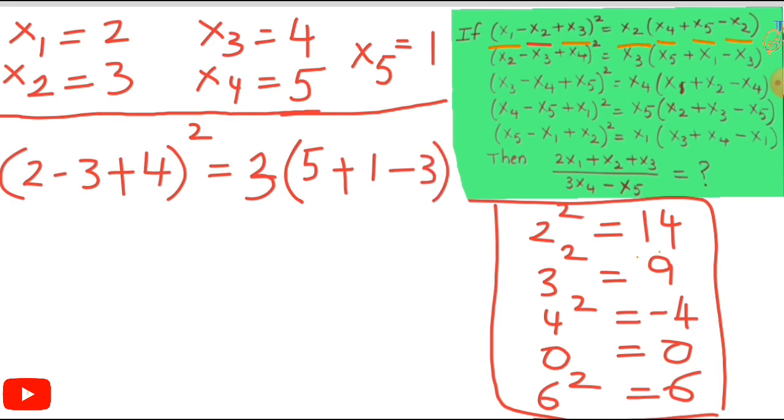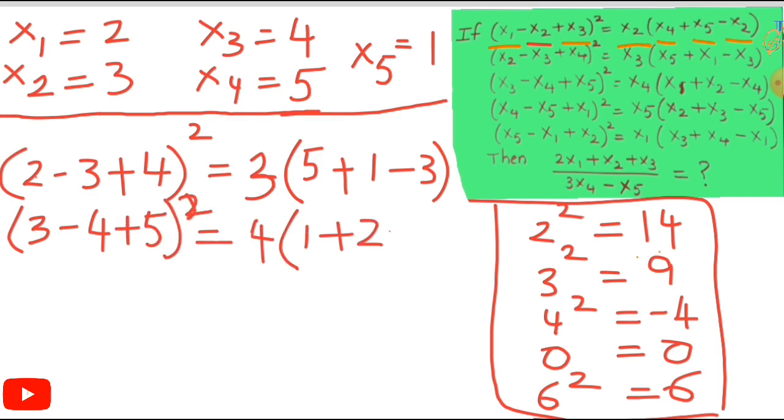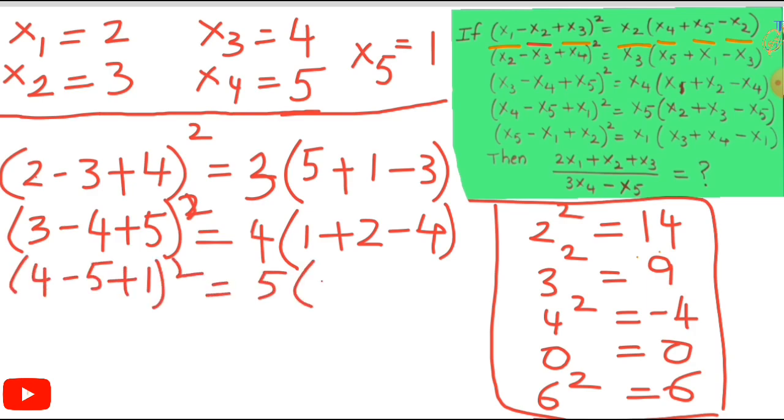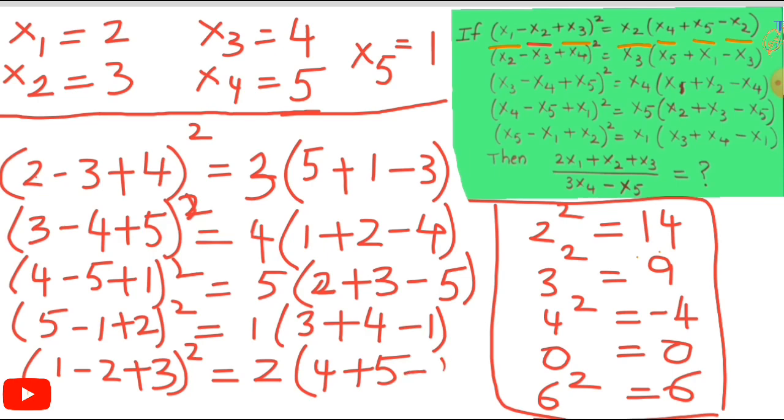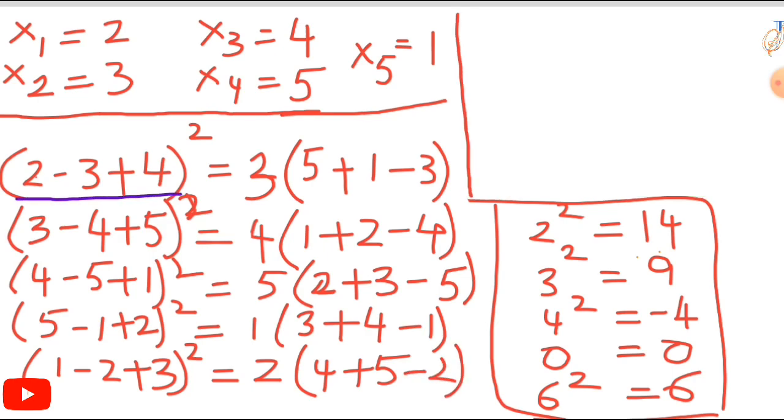So if you write all the equations, this is 3, this is 4 and this is 5 whole square, equal to 4 times (1 + 2 - 4), then (4 - 5 + 1) whole square. After solving this, you will get 2 minus 3 is minus 1, plus 4 is 3 square. Observe the second equation. 3 minus 4 is minus 1, plus 5 is 4 square.